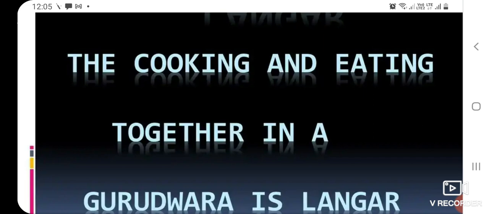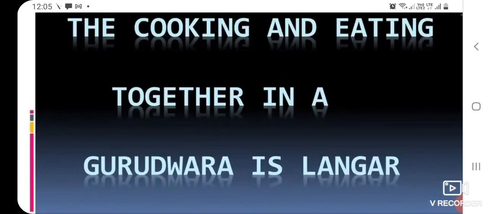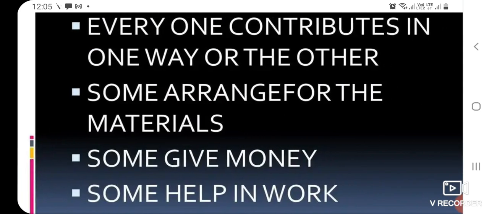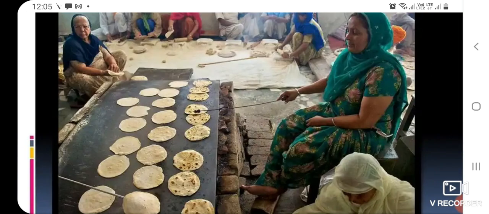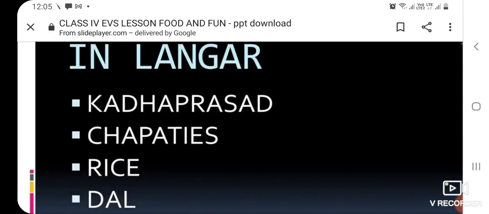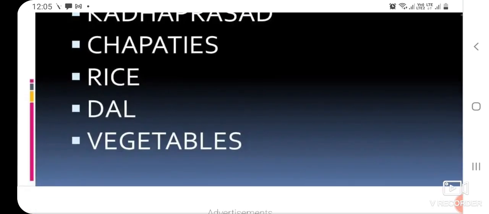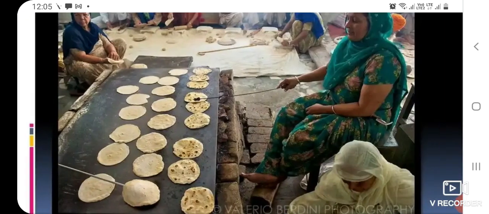The cooking and eating together in a Gurudwara is langar. Everyone contributes in one way or the other. Some arrange for the materials, some give money, some help in work. In langar, Kadha Prasad, chapatis, rice, dal, vegetables are cooked. See, this is how the chapatis are being cooked.